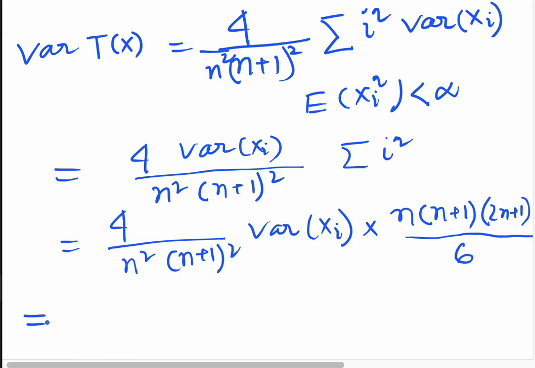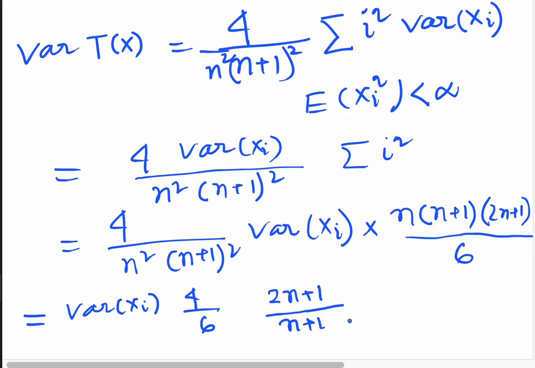So this will be 4 by 6 times the variance of Xi times 2n plus 1 by n plus 1 into 1 by n.